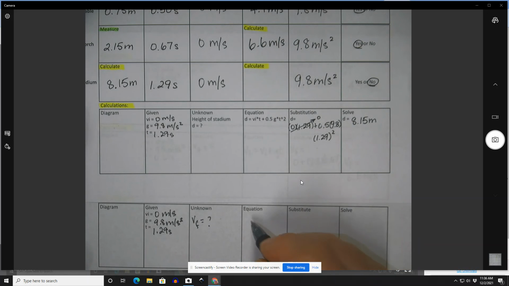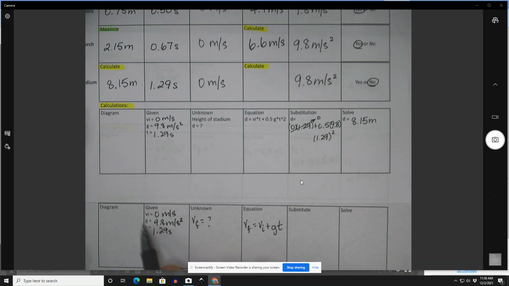Our equation is final velocity is equal to initial velocity plus g times t. Then we're going to substitute in the numbers in our given into our equation here. And so we have final velocity is equal to 0 plus 9.8 times 1.29.